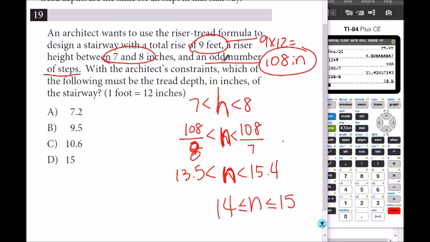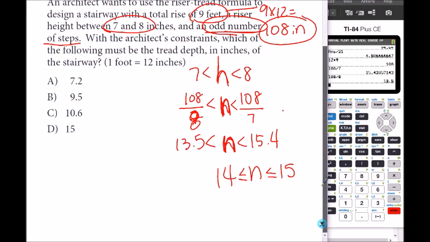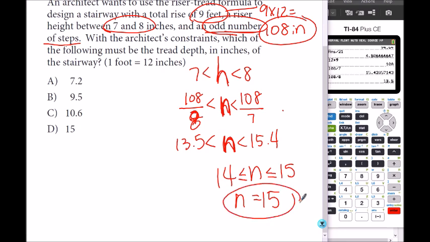And it says there is an odd number of steps. So the number of steps is 15, right? Odd number. So what's the question? Now you have to find the depth in inches of the stairway.